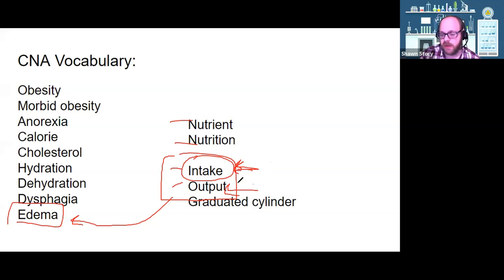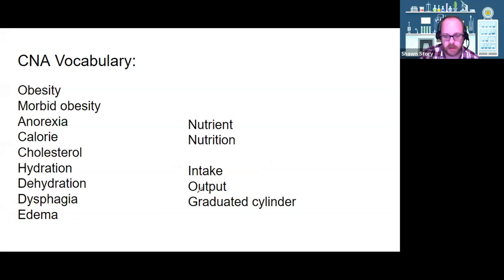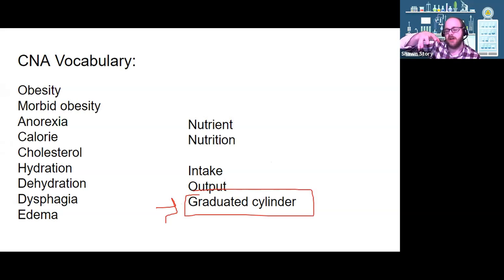And then make sure that we're measuring all of that output. And then graduated cylinder is the tool that we use to measure liquids, right? So when you take that container for the patient to pee in the bathroom, it'll have all of those marks that will tell you how many milliliters is in that graduated cylinder.